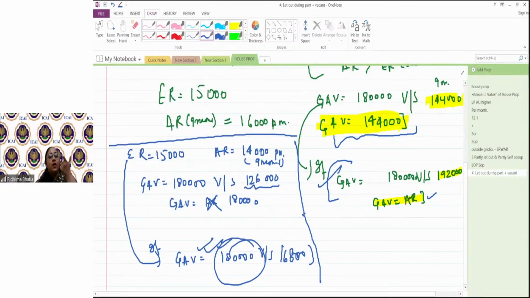In that case, when the property is let out only for part of the year and it is vacant, the gross annual value would be equal to the expected rent.